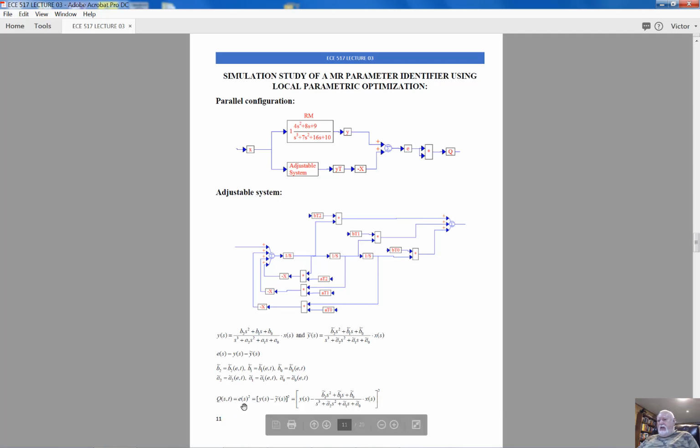Criterion is error squared, but error squared is the difference between the output of the reference model and the output of the adjustable system, squared. And this is the same expression, except the output of the adjustable system I defined as a product of the transfer function with adjustable parameters and the input signal x.